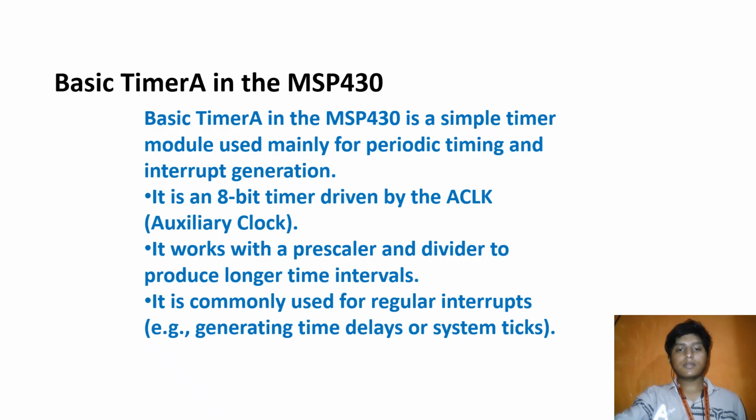It works with a prescaler and divider to reduce longer time intervals, and it is commonly used for regular interrupts, for example generating time delays or system ticks. This is the basic information about the MSP 430 timer A.